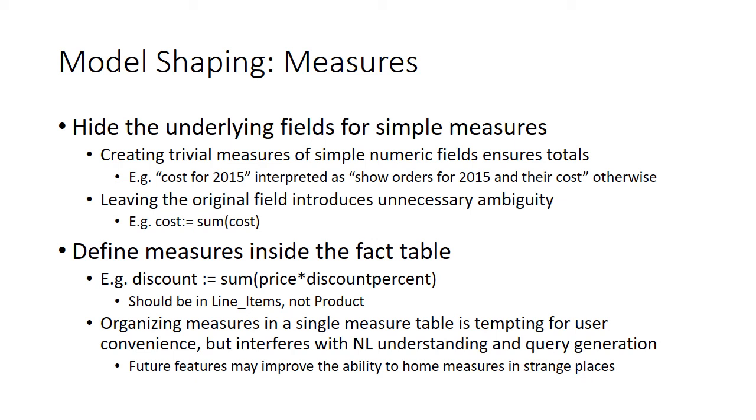It might be tempting to take all of your measures and put them into a single measure table to make them easy to find. Don't do that. It will confuse both your users and Q&A about which measures are meaningful in which contexts. For example, if you have both an employer rating and a product rating measure, Q&A wouldn't know which one to use to answer which employee has the highest rating, if they're both sitting in some random table rather than homed where they're naturally defined.